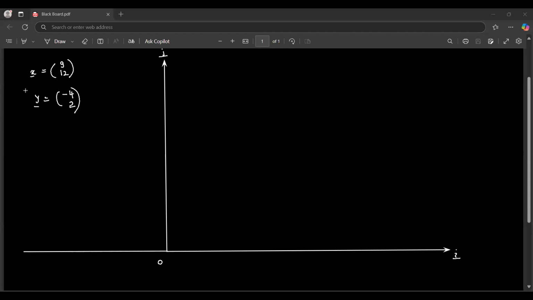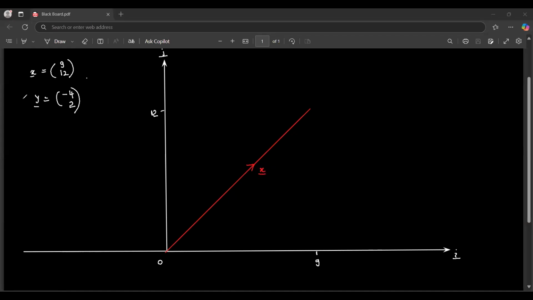Okay. So, now, first of all, let's draw x. So, x is somewhere here. 9 is somewhere here, right? And 12 is somewhere here. Let's say that. And this will be x. So, I can draw that. No worries. So, it's somewhere here. So, this is x.